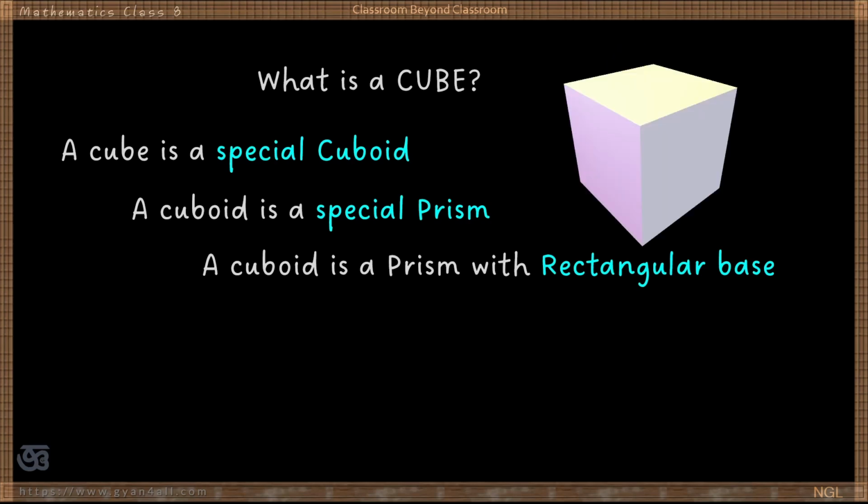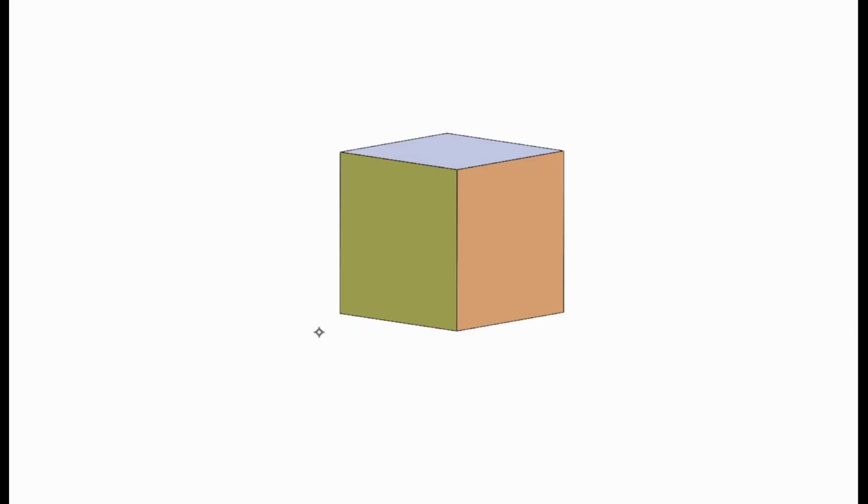Let us understand a cube now. This is a cube and this is the length of the cube. This is the breadth of the cube and this is the height of the cube. So the volume of the cube is equal to length multiplied by breadth multiplied by height of the cube.